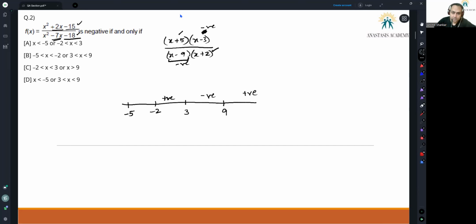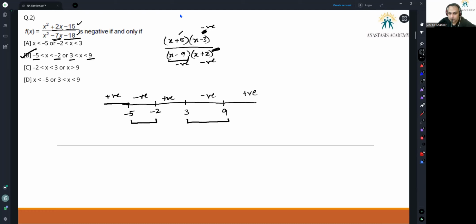When we move leftwards between minus 2 and minus 5, now even this will turn negative: negative into negative, positive, negative numerator, positive denominator. We get negative. And here, because everything is less than minus 5, it will turn positive. So our acceptable range will only be this much: minus 5 to minus 2 and 3 to 9.